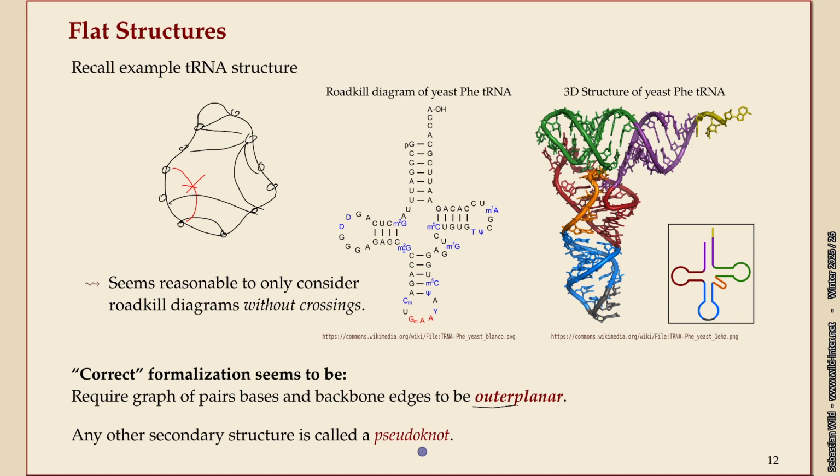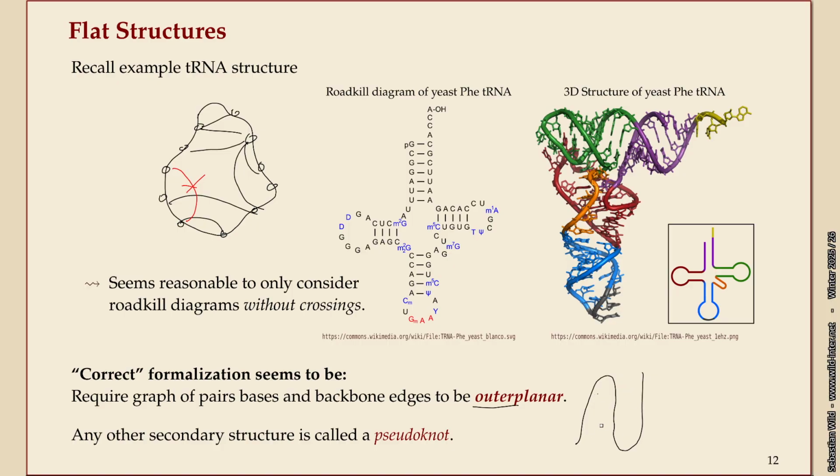The opposite, if you cannot draw a structure in the graph form like this, is called a pseudo-knotted structure. It's a pseudo-knot because it isn't actually a knot in the sense of topology. It's just twisted around. For example, you could have a structure like this, where you have pairs here and you have pairs here.